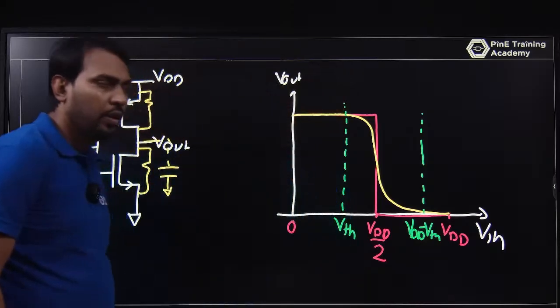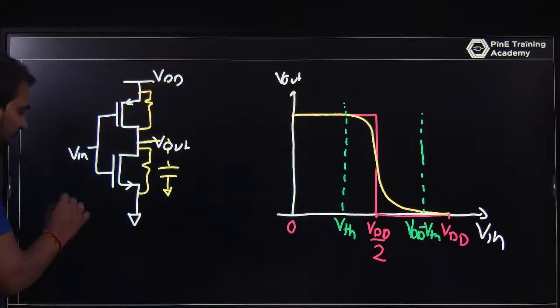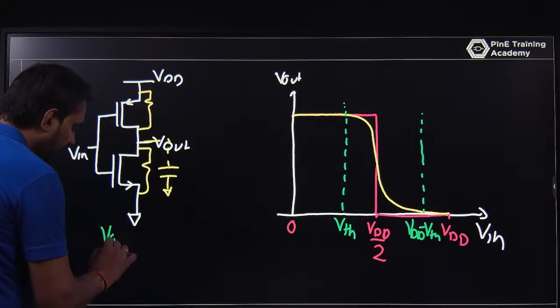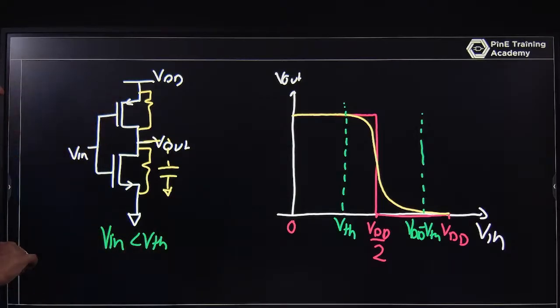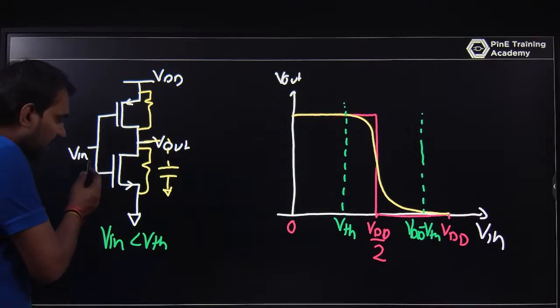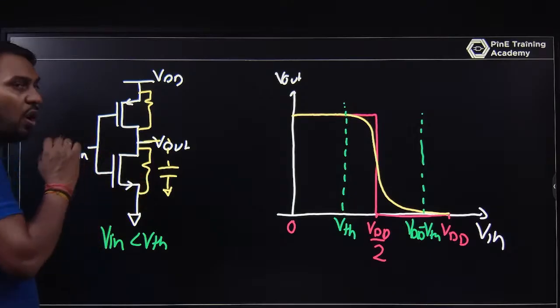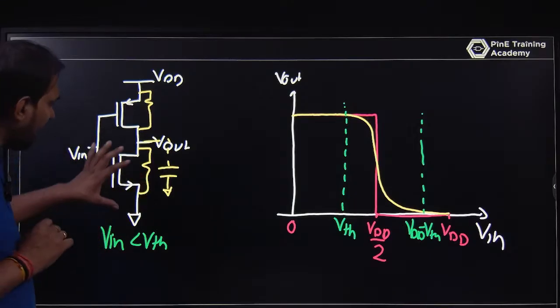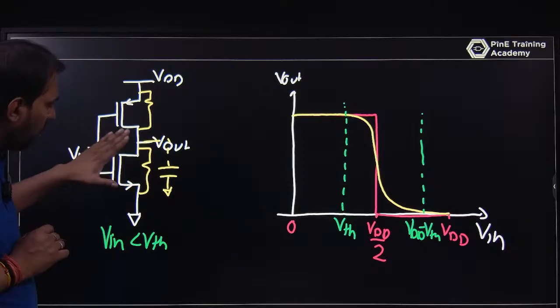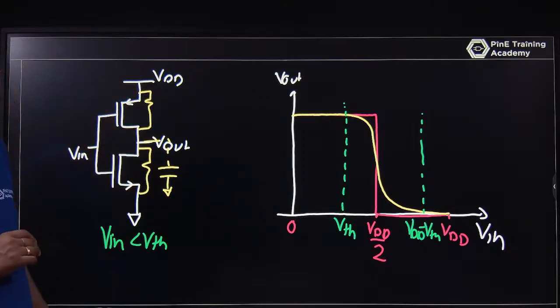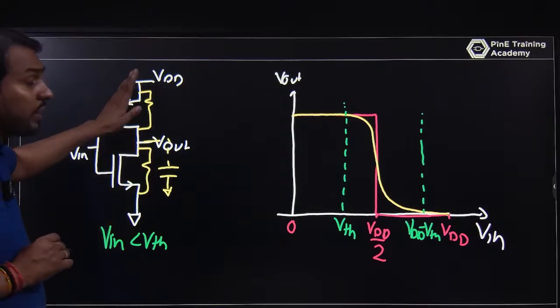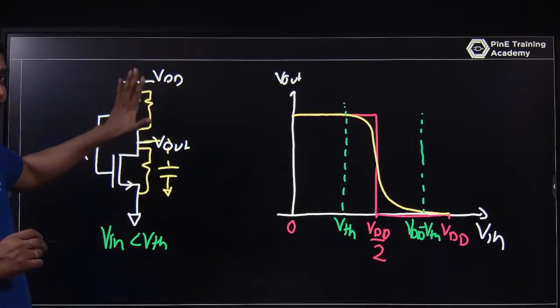If the input is less than VTH, what is happening? If the input is less than VTH, this NMOS is off. And if this NMOS is off, only the PMOS is active. That PMOS can be linear or saturation, we will discuss later.